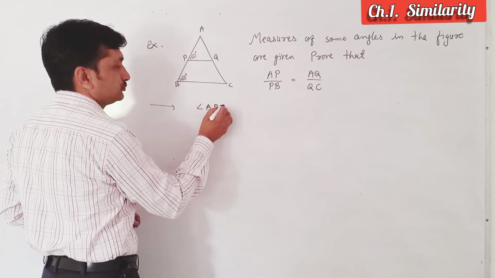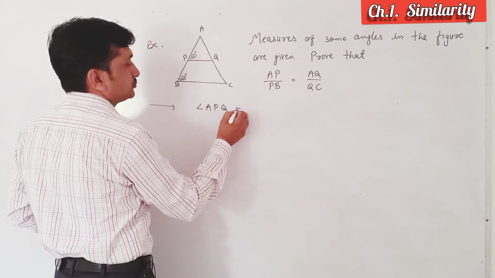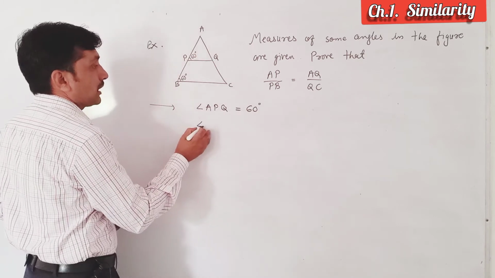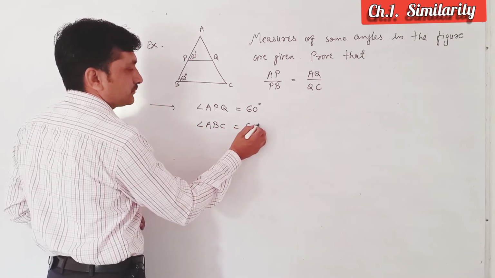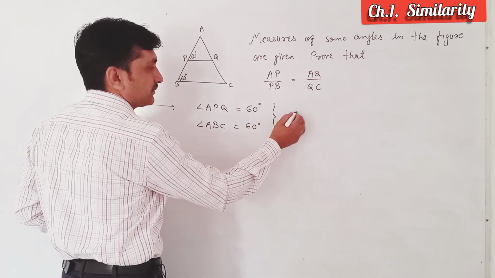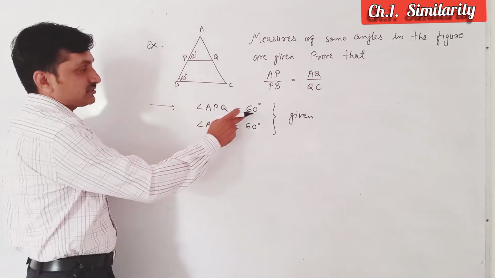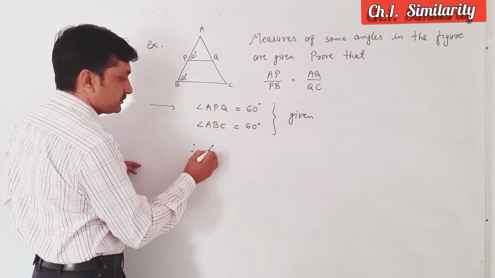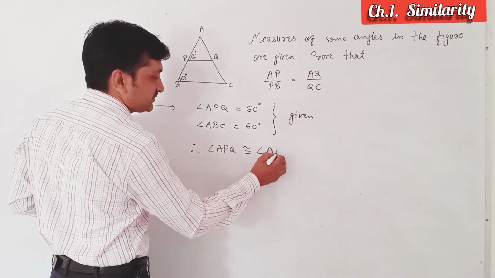Angle APQ is equal to 60 degrees. It is given. Angle ABC is also given, 60 degrees. Both angles are given in the example. If their measures are equal, these angles are congruent. Therefore, we can write here angle APQ is congruent with angle ABC.